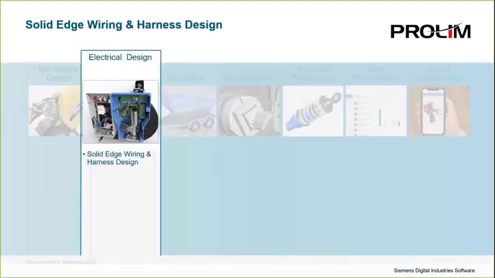For today, we're talking about the electrical design pillar, and that's where we found this Capital technology, called Solid Edge Wiring and Harness Design. That gives you a good understanding of where the software came from and how it's now being enabled for small and medium-sized companies.